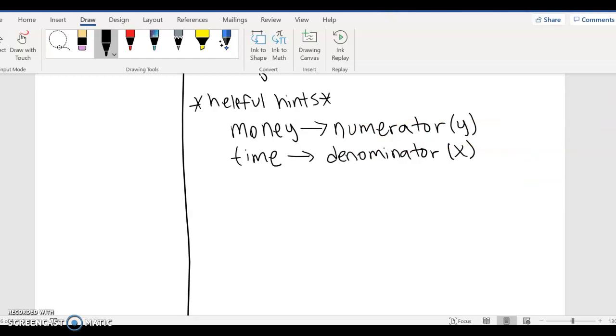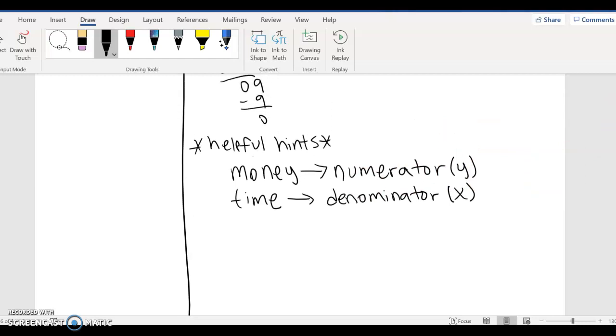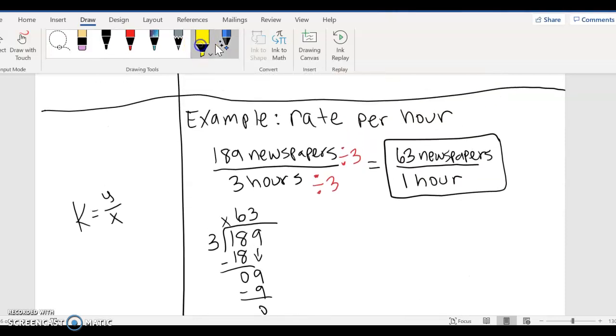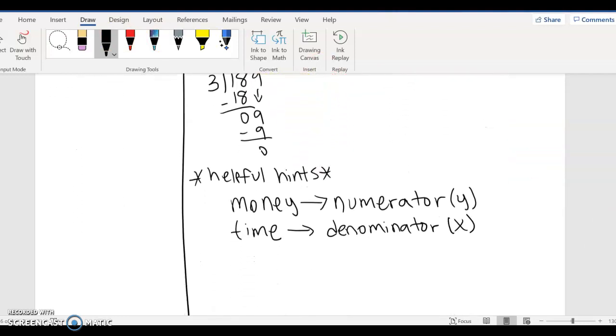As you can see with this example, we had a measurement of time right here, hours. From our helpful hints, we said if we have a measurement of time, it's going to be our denominator, and look where it went in my rate. It was on the bottom. So that's one way to help you remember who goes where and how to set things up. Okay?